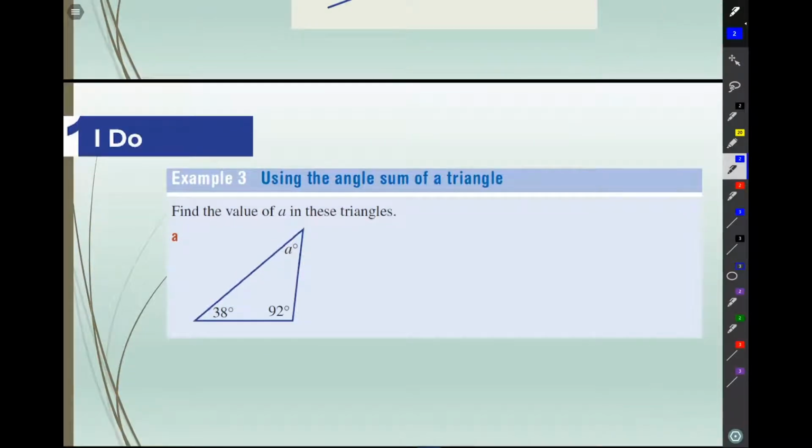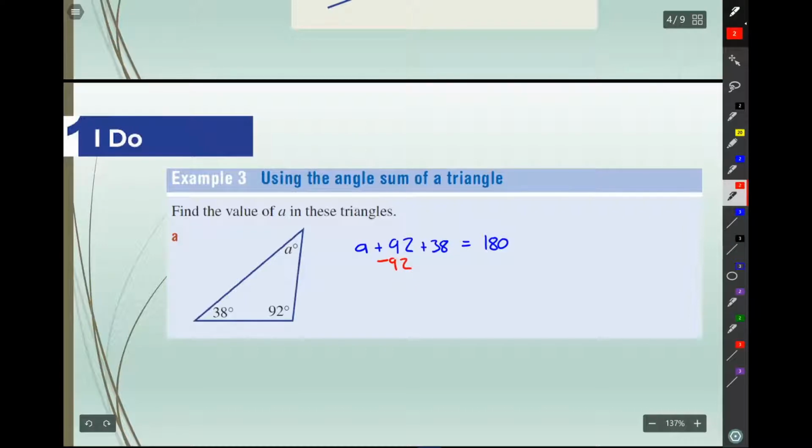I'm going to do this one, and then there'll be one for you to do. So we need to find the value of one unknown angle in this triangle. In this case, it's A. And we know that A plus 92 plus 38 has to equal 180. Like what we did when we looked at equations, we're going to just do the opposite operation on both of these things so we get the A by itself, and we have to do it to both sides.